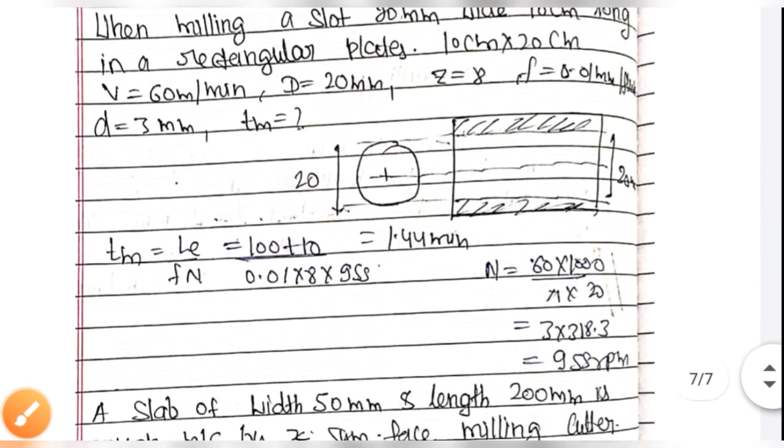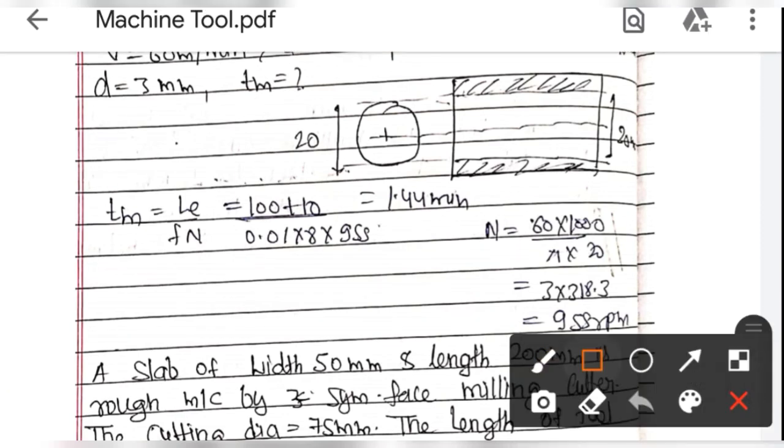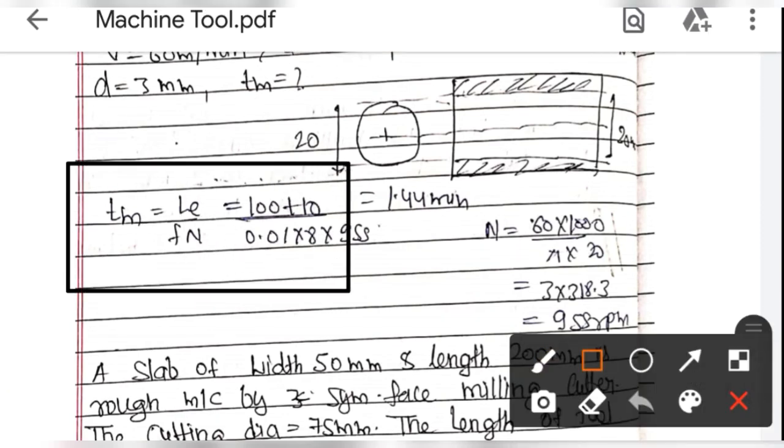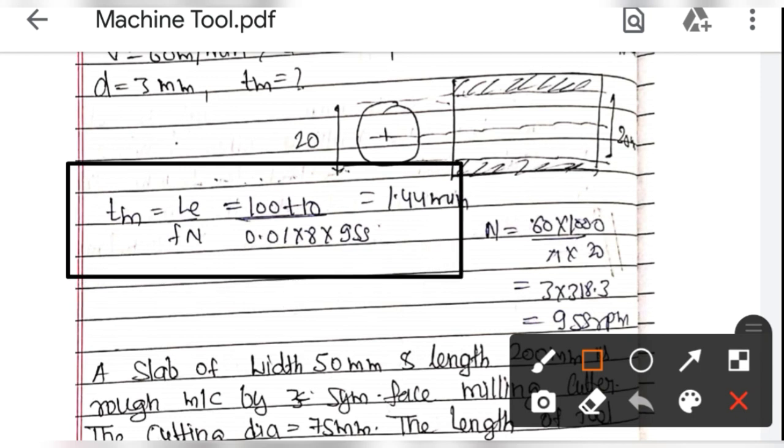In slot milling, the formula is again the same: effective length divided by F into N. We need to find N. Again the same formula we have to use, V is equal to pi D N upon 1000, from which we find N. Now substitute over here and we will get the machining time for slot milling.